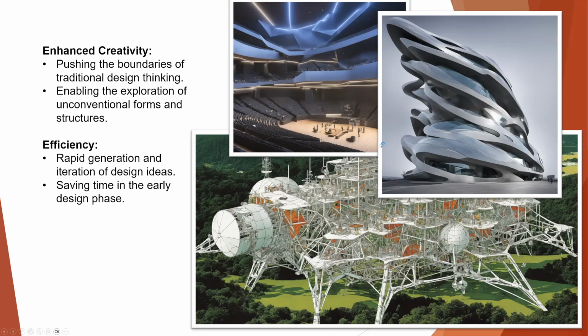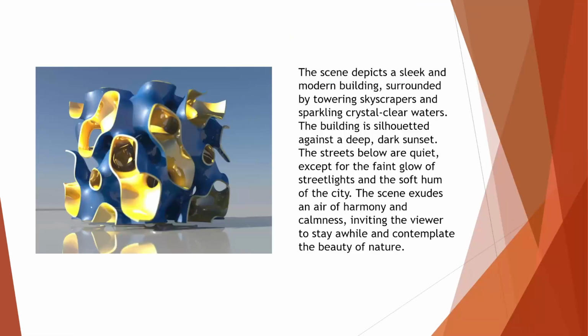So here are some examples. I did Archigram, I did Zaha's organic form, and also a simplified ceiling form using Stable Diffusion. And here's an example about text prompts. Again, you can use other apps like ChatGPT to give you a really nice long text prompt.